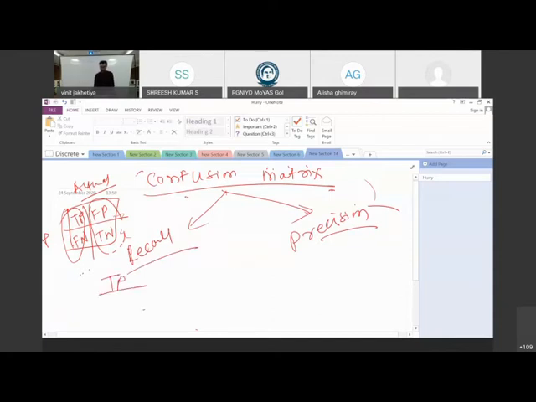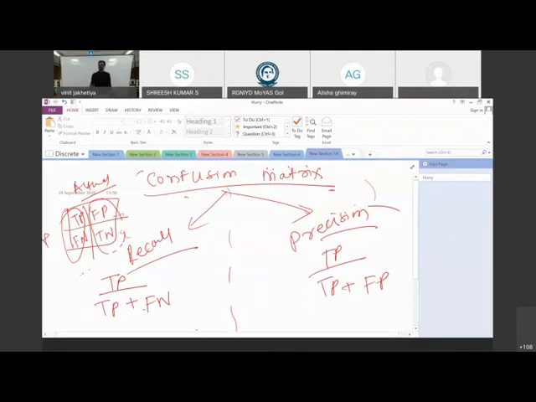Recall is true positive divided by true positive plus false negative. Precision is true positive divided by true positive plus false positive. These are the two different terms, recall and precision. Generally we use them with accuracy. If you only give results in terms of accuracy, people are not going to believe your result.